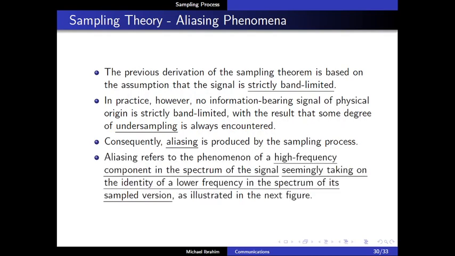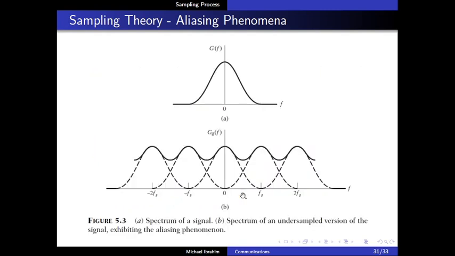Aliasing refers to a phenomenon where a high frequency component seemingly takes on the identity of a lower frequency. What does this mean? Let's say this is the spectrum of the original continuous time signal, and let's say we choose an Fs to be less than 2W. Now the spectrum will overlap, and the resulting spectrum, which is this solid line, is different from the original spectrum.